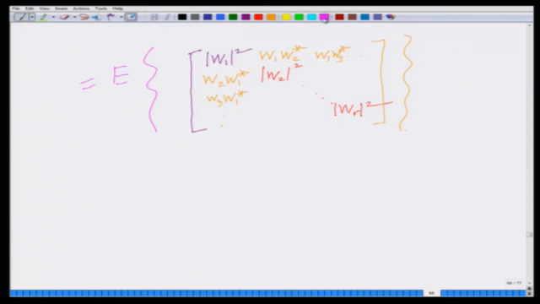Now, if you look at this matrix, you can clearly see that all the diagonal elements, expected value of magnitude W1 square, magnitude W2 square, and so on, are sigma square, while the off diagonal entries, expected value of W1 W2 conjugate, W1 W3 conjugate, W3 W1 conjugate, are 0. Therefore, the expected value of this matrix is a diagonal matrix with each element on the diagonal equal to sigma square and the rest of the entries equal to 0.